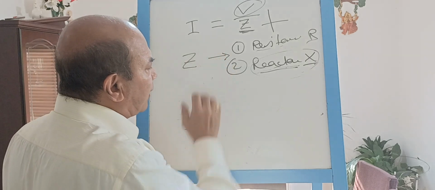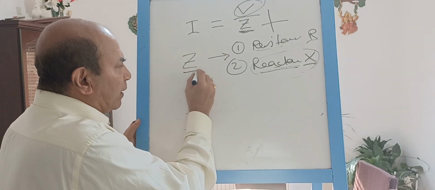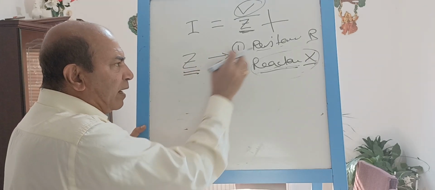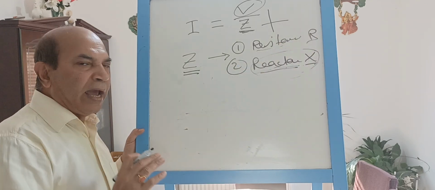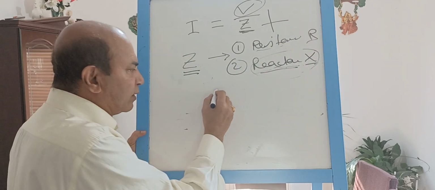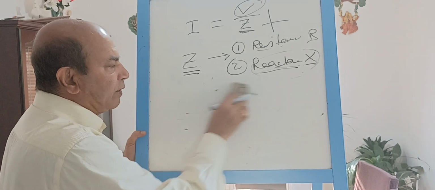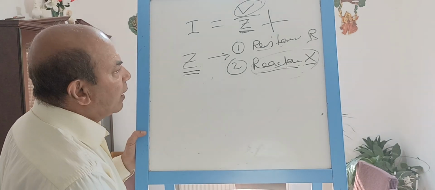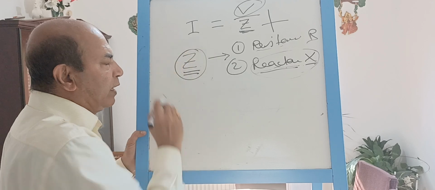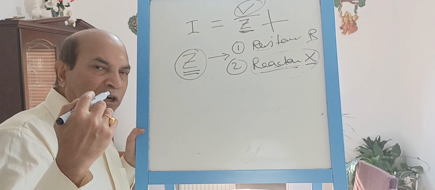So this is resistance and reactance, giving Z. Now Z, as it is a different direction of R and X, we cannot simply sum R plus X this way, because it is not the same direction. So there are two ways we can represent Z when we are calculating the short circuit current.